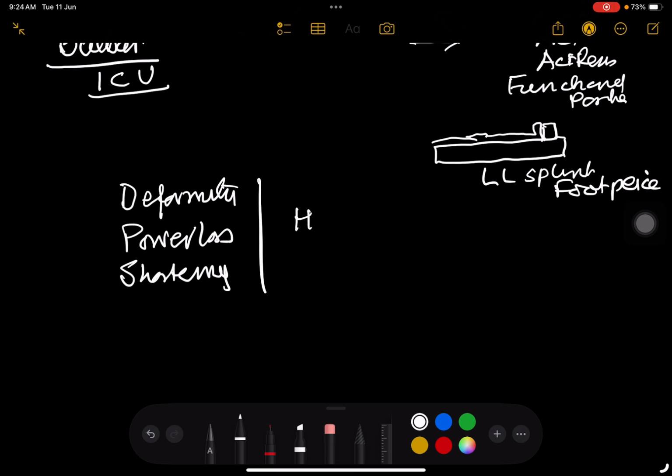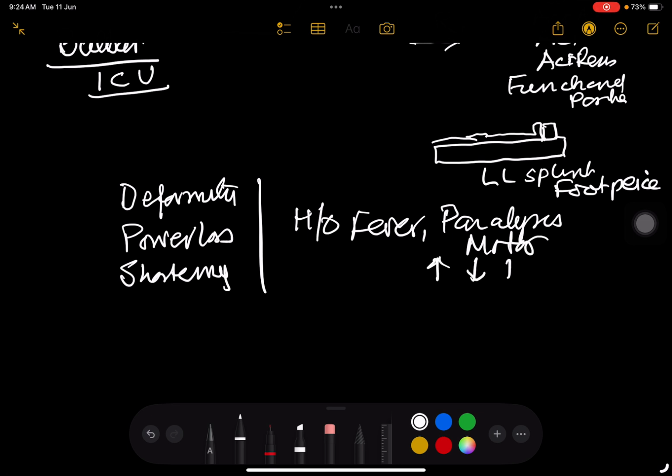There will be history of fever, paralysis, which is motor, which shows increasing, decreasing in residual phase, and there may be history of acute muscle tenderness.